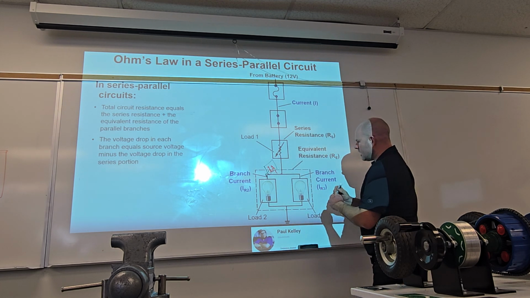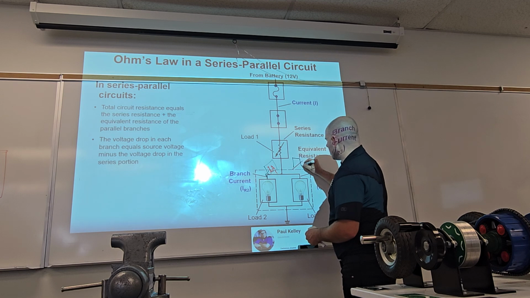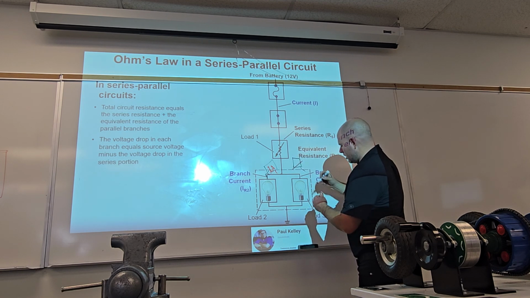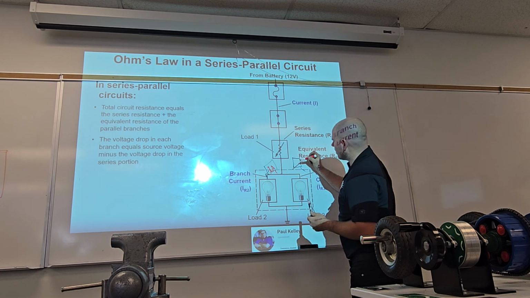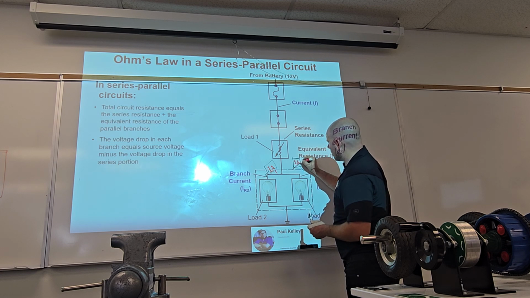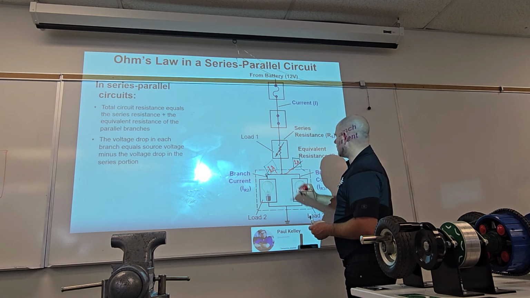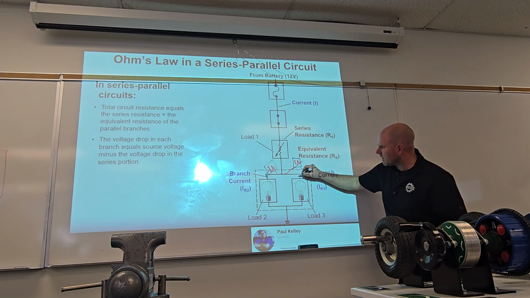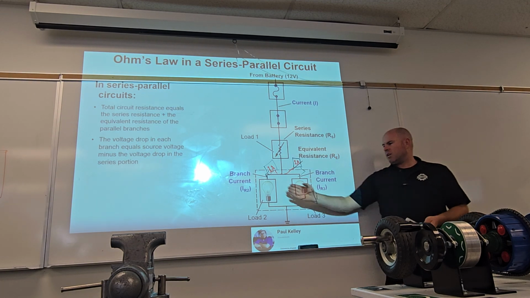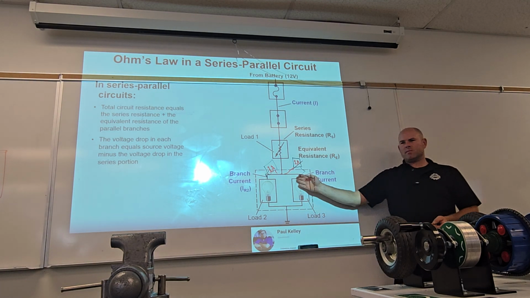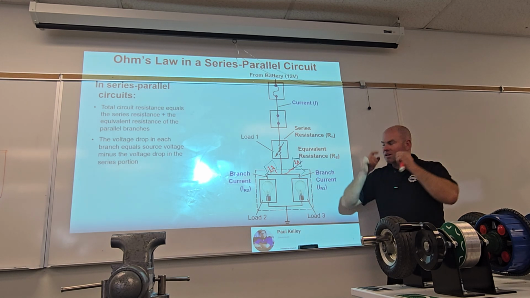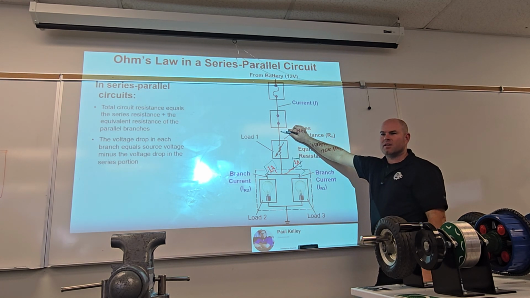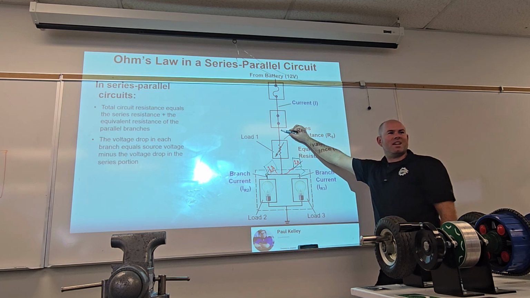And then over here, I get another 1 amp. I tie it in. This lead needs to actually be connected. You guys can see how many amps over here? 1. How many amps over here? 1. Let's see if you get this. How many amps right here? 2. Yes, 2 is the answer.